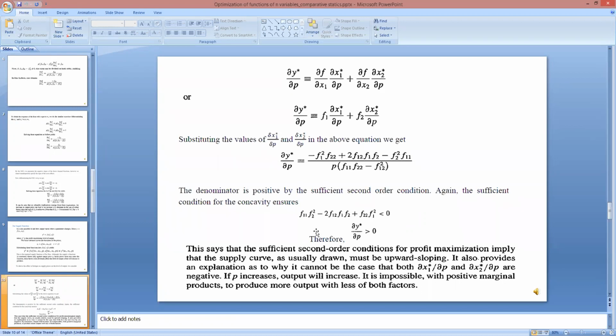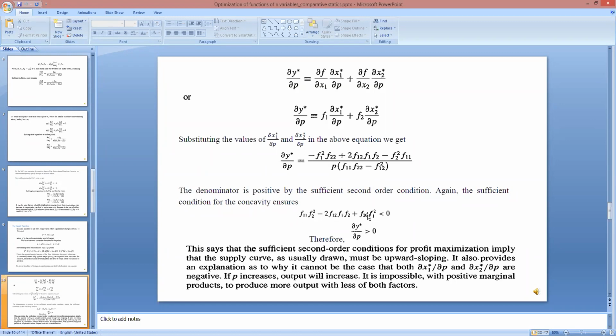Whereas when we go for the bordered Hessian determinant in the context of constrained optimization, we will get F1 square, F2 square, etc. And there we will determine concavity by stating the condition F11 F2 square minus 2 F12 F1 F2 plus F22 F1 square less than 0. So just bear this equation in mind today. We will do it in the next class.